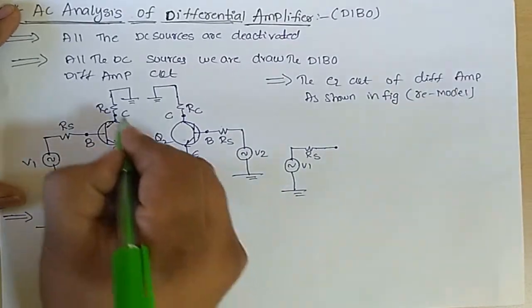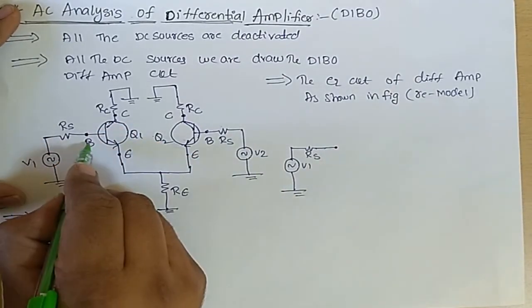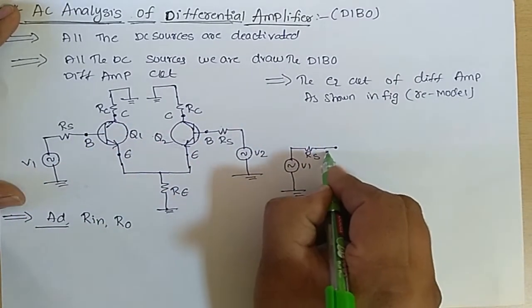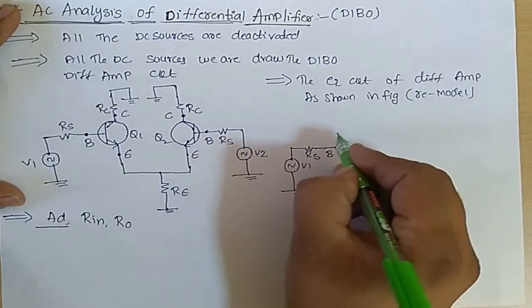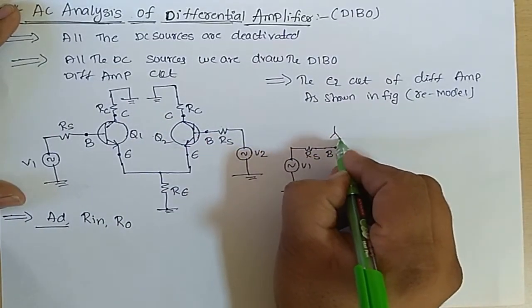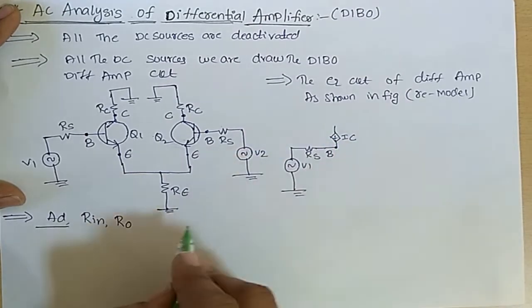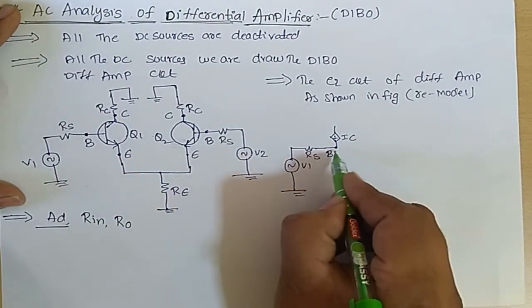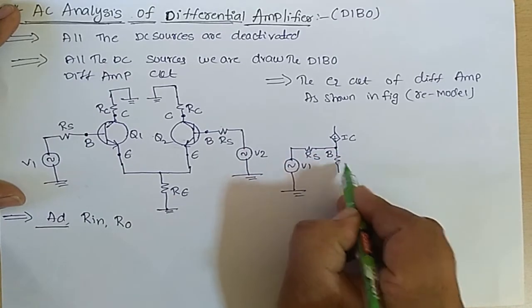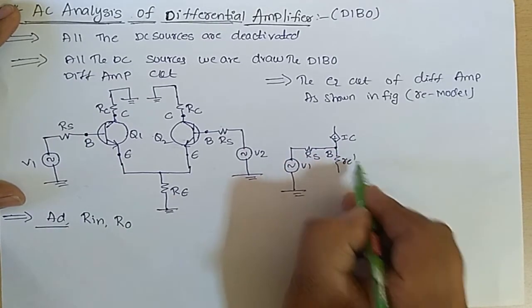Coming to the re model, the base terminal is as usual, and at the collector terminal we draw the dependent current source, that is IC. At the emitter terminal we connect the emitter resistance re dash.